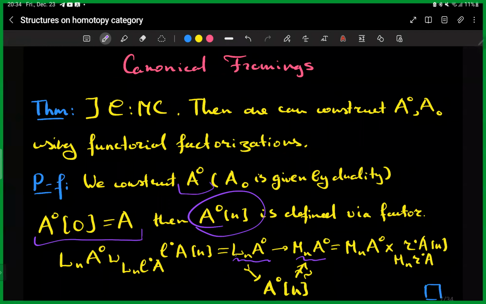So actually what we mean by a latching object is this co-product, and the matching object is this product. Or if you want, you can just think that this thing is taken in a truncated category, and then the notion of a latching and matching object again makes sense.